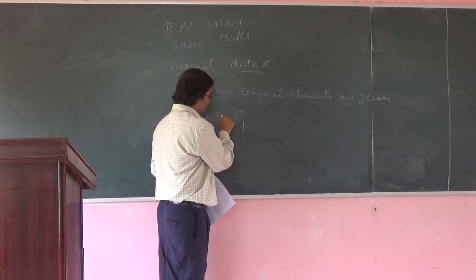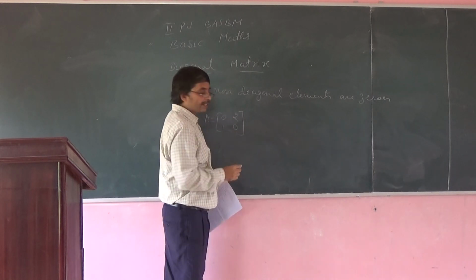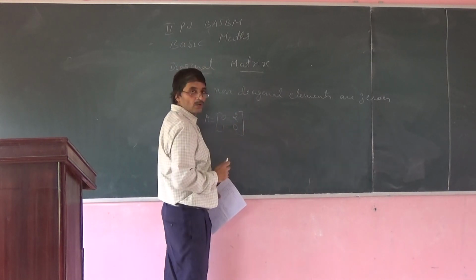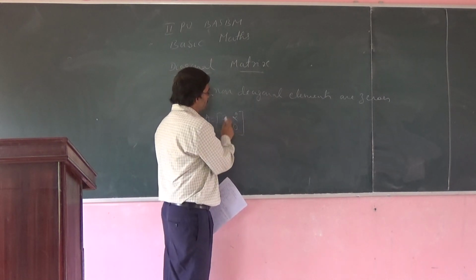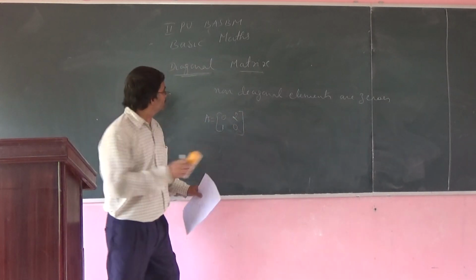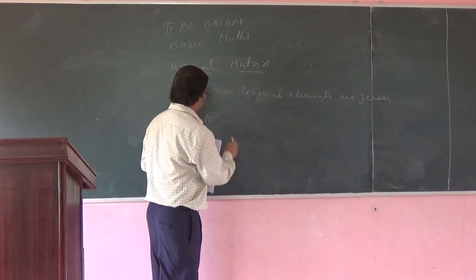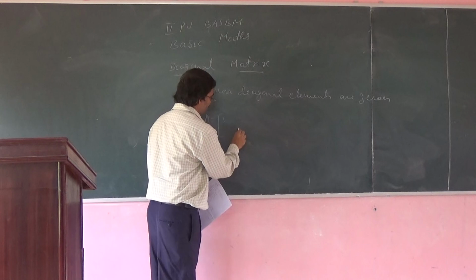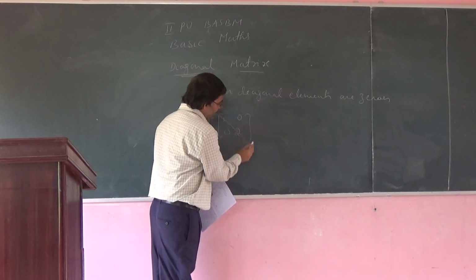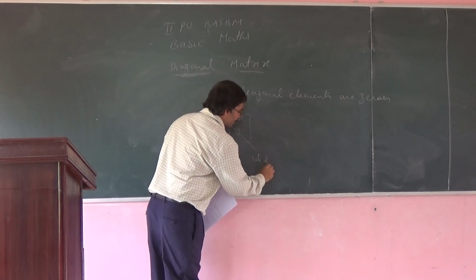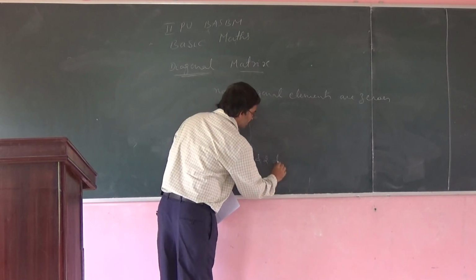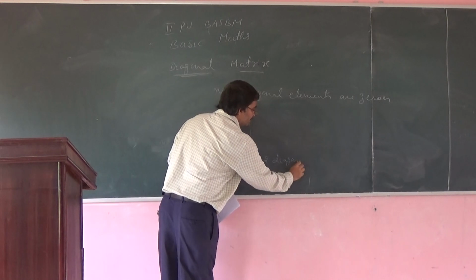Diagonal elements means I am referring to these elements. 1 and 2 are the diagonal elements, I mean across from left to down.